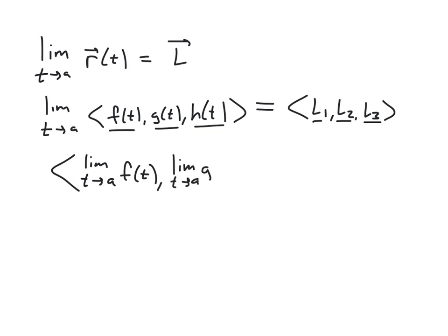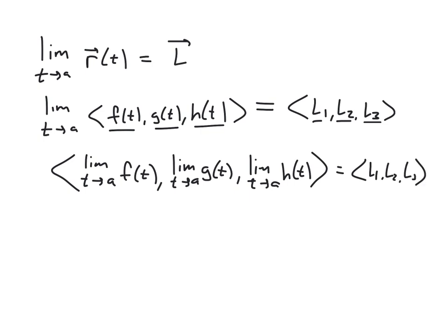We want each of the three components to approach the particular value that we want, and we obtain that by taking the limit in each component. These three limits are limits of scalar functions, so these are all limits from Calculus 1. So in order to compute a limit of a vector function, we just take the limit of the three component functions, and this is a Calculus 1 problem.